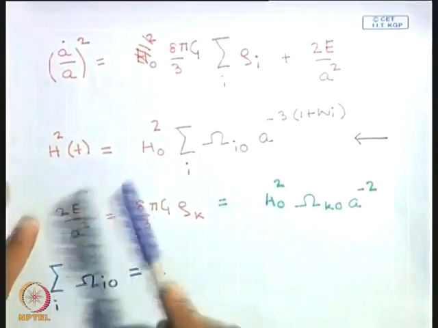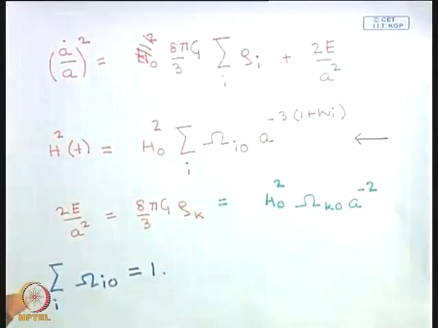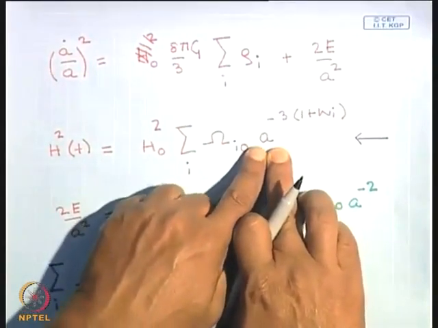So if you look at this equation, this is basically H as a function of a squared. H is basically a function of a. The time dependence comes through a, the scale factor in these models.